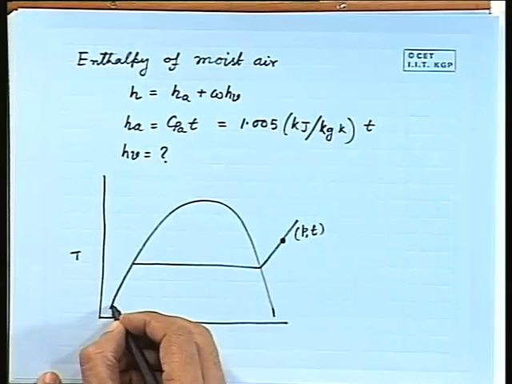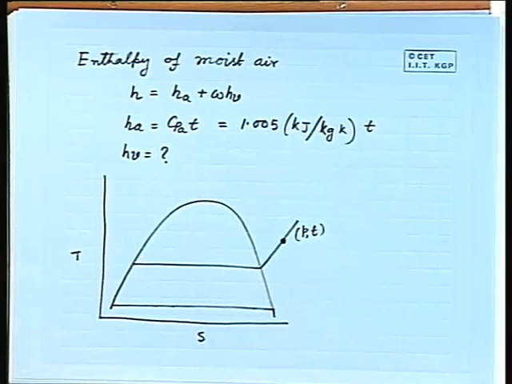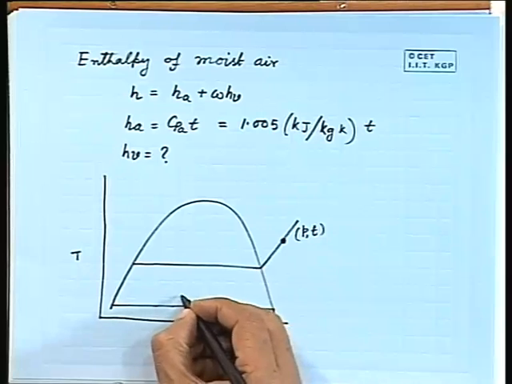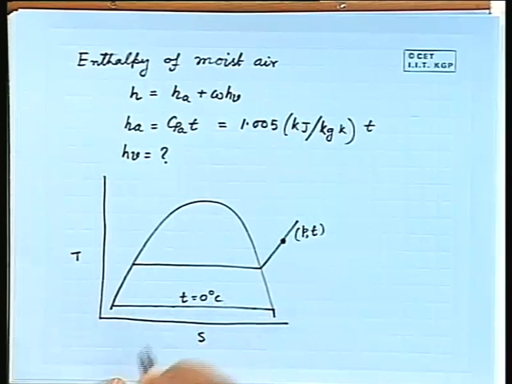Our reference is somewhere here, if we take 0 degree Celsius as a reference. So, we can write T is equal to 0 degree C.